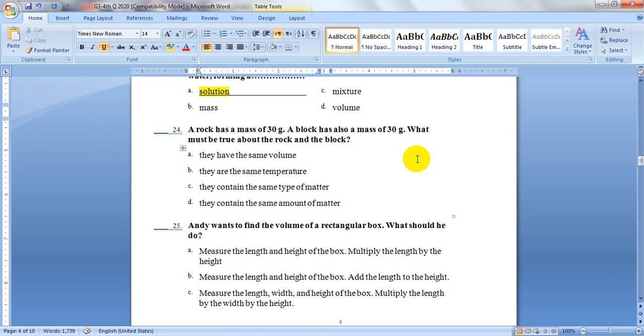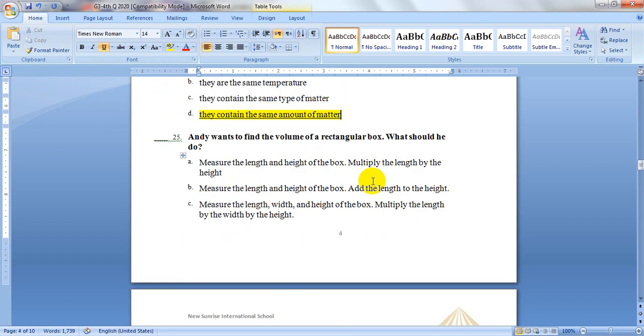Do you remember the amount of matter in an object means what? It means mass. So the answer here will be letter D. They contain the same amount of matter because this is the definition of the word mass, and they have the same masses.